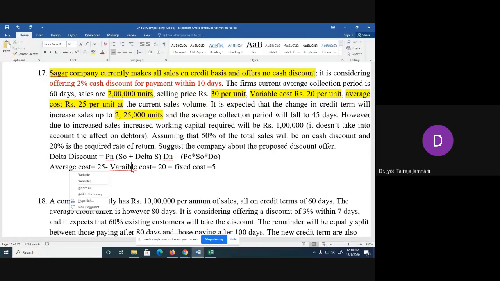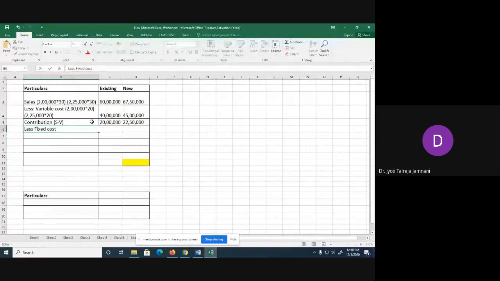Now fixed cost we calculate only on the existing sales, that is 2 lakh units, because fixed cost remains fixed. It will not increase with increase in sales. So whatever is the existing sales on 2 lakh, 5 rupees is what is our fixed cost. So on 2 lakh, 5 rupees will be 10 lakh rupees. So this is about the fixed cost.